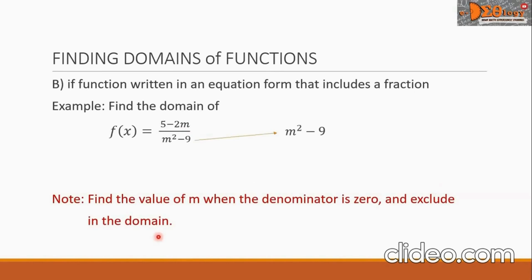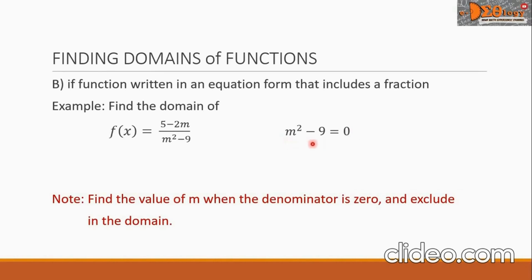So what we'll do, we will write the denominator here, and then we will equate this to 0. After that, we will solve for m. So our equation here is m^2 - 9 = 0. We will use factoring to find the value of m.